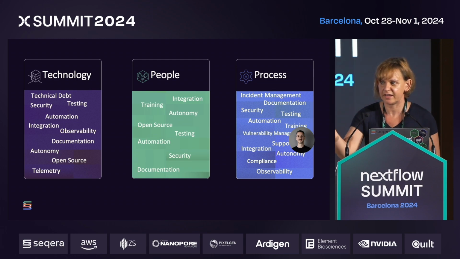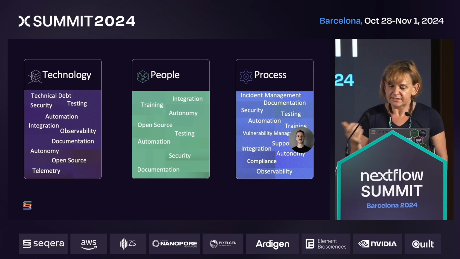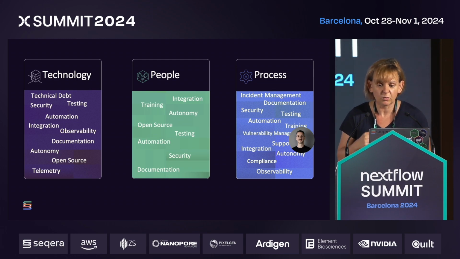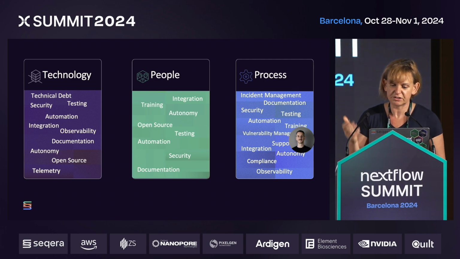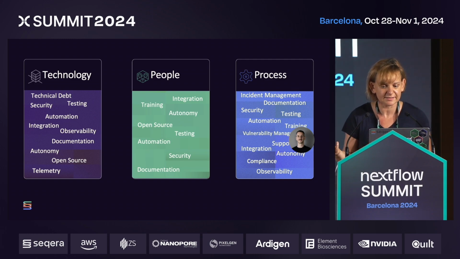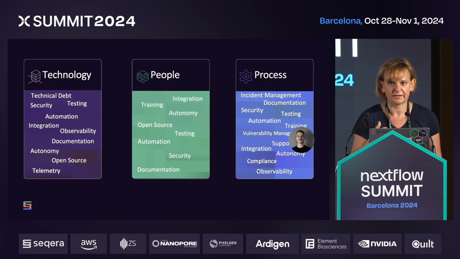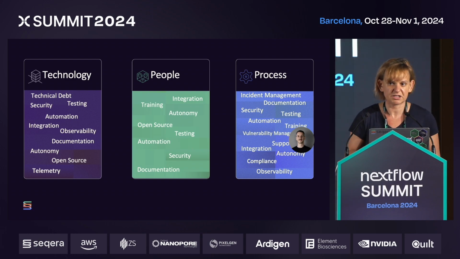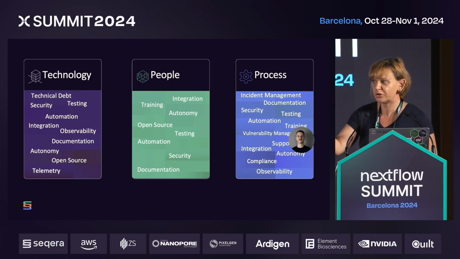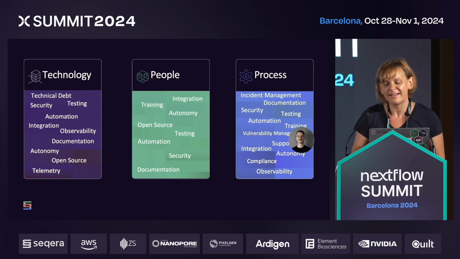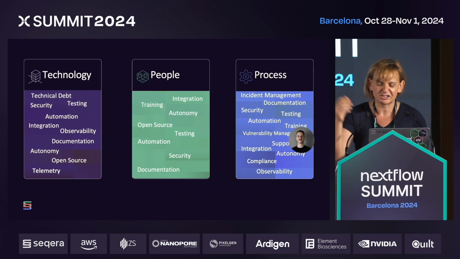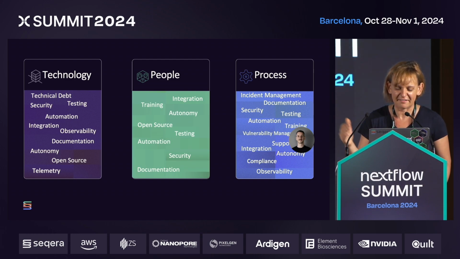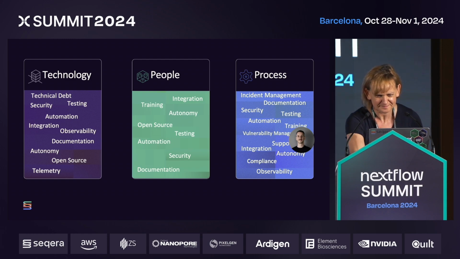Together with our customer success team, we've revamped an engineering support process. And so while we are all talking today, Andrew is probably looking at a Grafana dashboard, making sure that users who couldn't make it to the Nextflow Summit today can still run their pipelines and nothing fails on them.